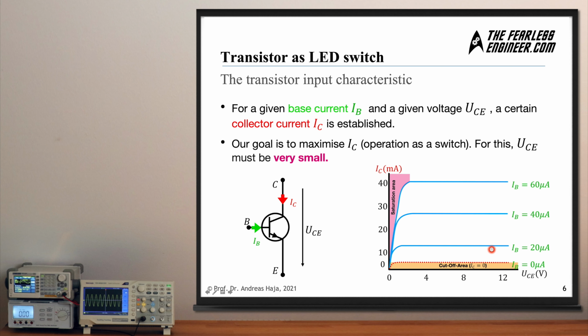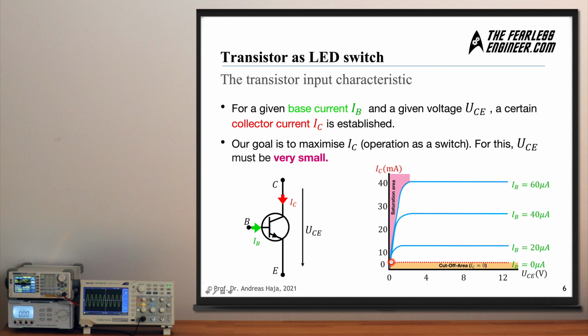The blue curves stand for certain amounts of base current flow. So if we have a base current flow of, let's say, 20 milliamps, this is the behavior you get in terms of collector current. And for a low voltage drop between collector and emitter, the current flow into the transistor is rather low.